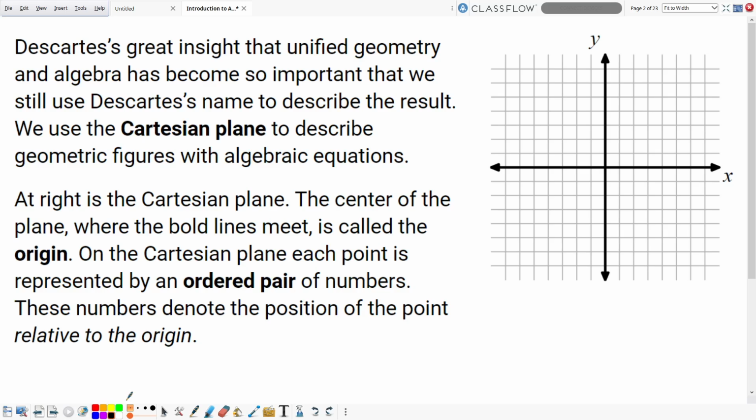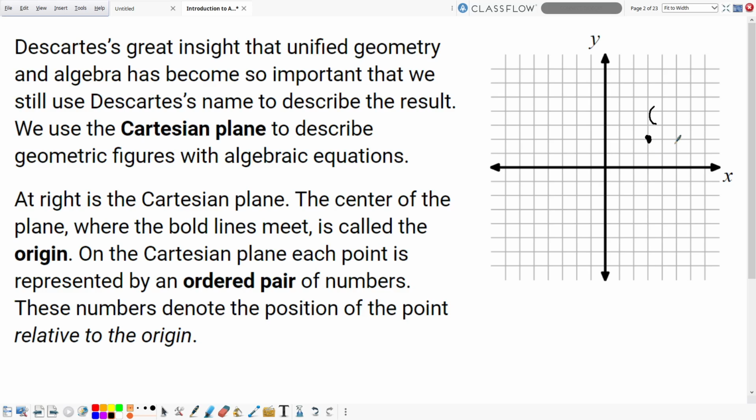To pick another point, if the exact middle is 0, and I have a point out here, we would write it out like this. This point from the origin has moved 3 spaces to the right along the x-axis.